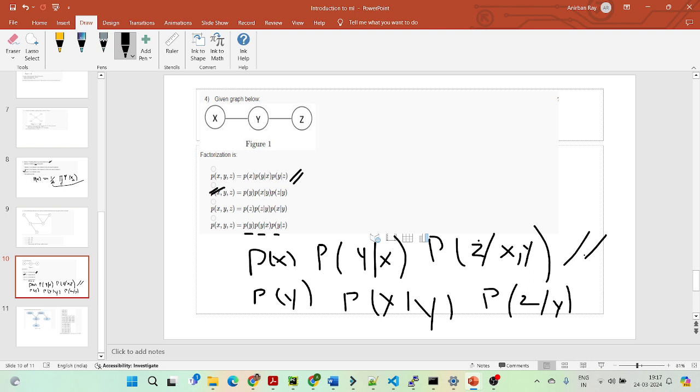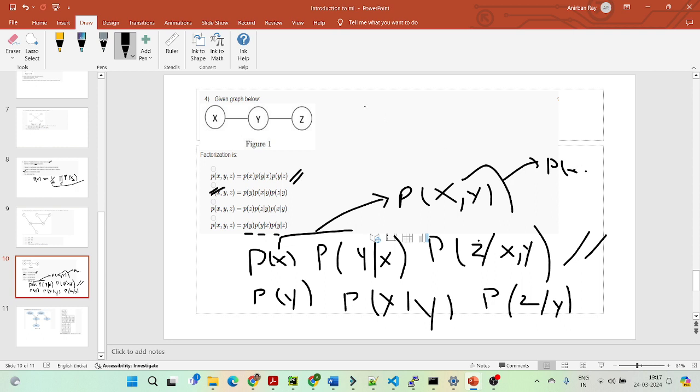So by theory of probability, what is this? P of x comma y, when you attach this, what is this? Just theory of probability. P of x, you know this one, right?